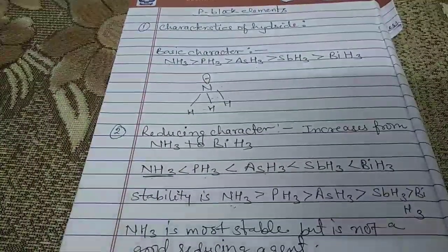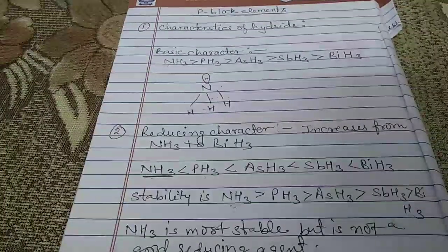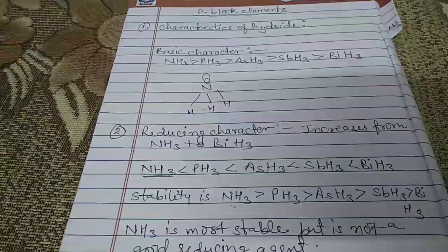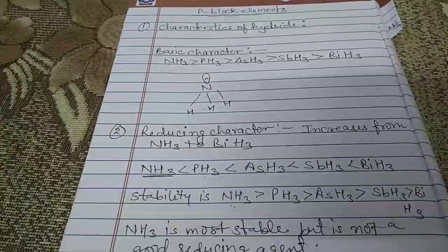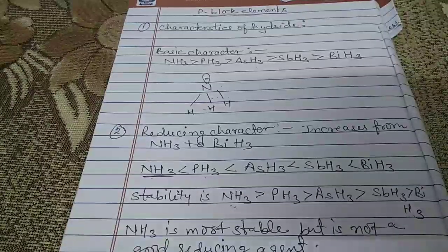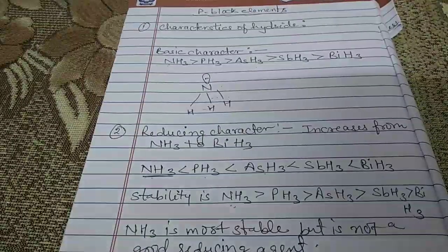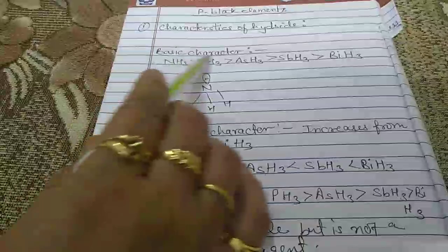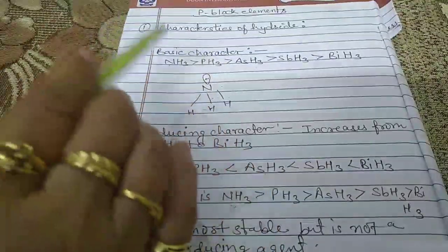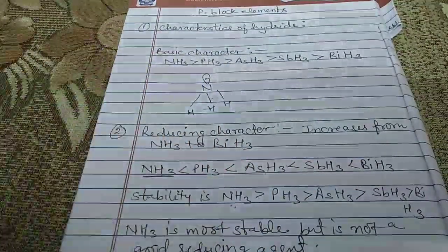So as the size of the central atom increases down the family, the electron density decreases, and as a result the electron donor capacity decreases down the group. Here the meaning of the basic character or basic strength is electron donor capacity.